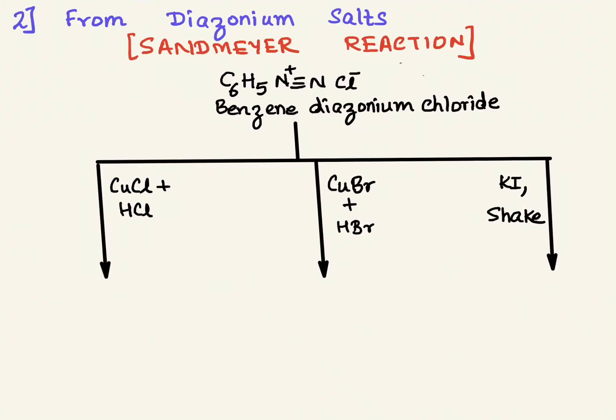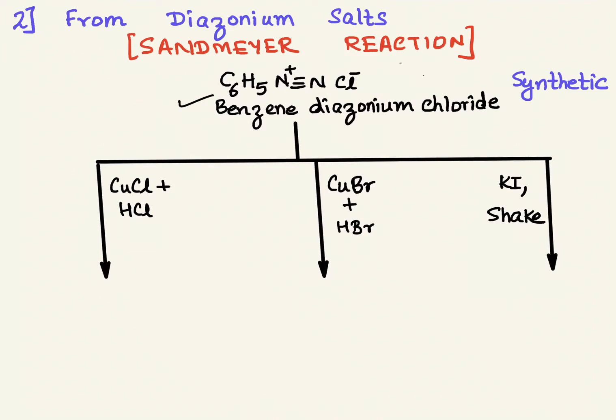The next preparation is from diazonium salts. That's another set of interesting compounds, which is a very good synthetic agent, in the sense that you can prepare a large number of aromatic compounds from benzene diazonium chloride.